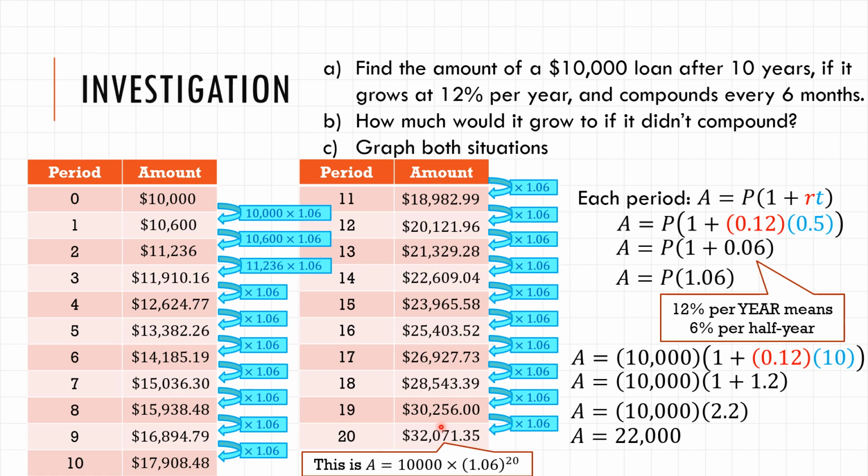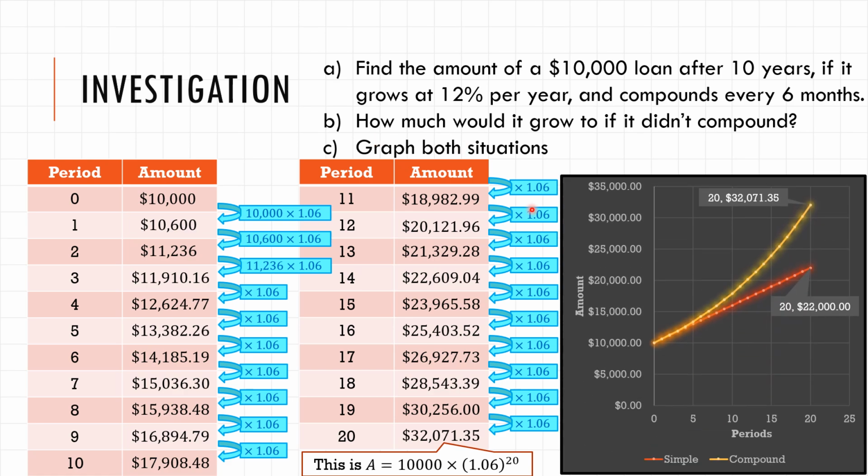To get this number, I started at 10,000 and I multiplied it by 1.06 20 times. And that got me 32,071.35. In fact, if you put this into your calculator, you will find that that is exactly the number you get. This is the formula for compound interest, and we'll dissect this in just a second, but before we do, let's graph both situations.